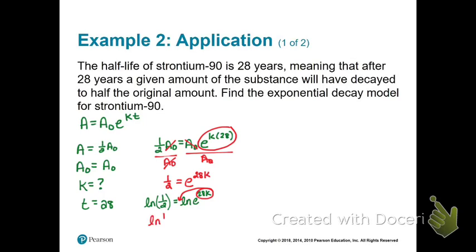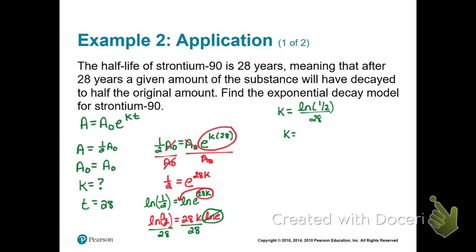So we got the natural log of 1/2 equals 28K natural log of e. And what is the natural log of e? It's 1. So we're going to divide by the 28. And so we have K is equal to the natural log of 1/2 divided by 28. Now we're ready to go to our calculators.